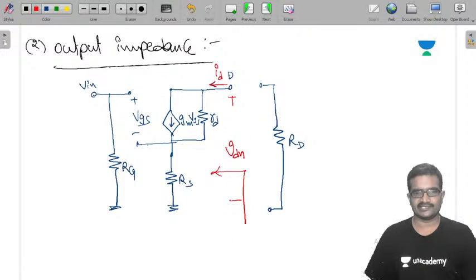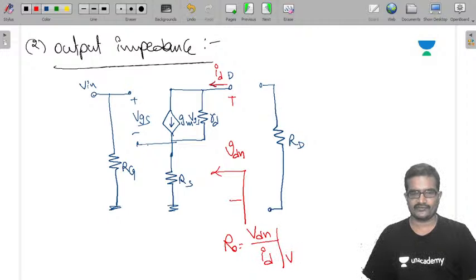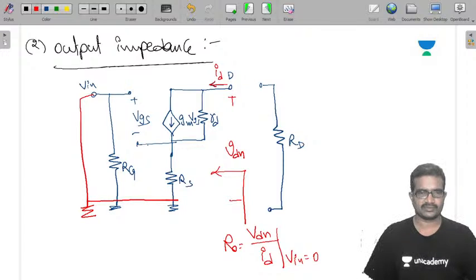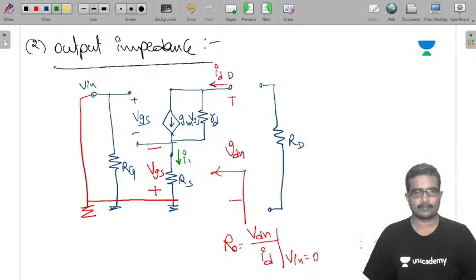Now output impedance is written as VDN, the voltage between the output terminals, by current ID, at the condition of V input equal to 0. V input 0 in this sense means it is connected to ground, simply ground. So once all are short circuited, it is grounded, now it becomes VGS minus plus VGS, and the current through this one is ID. Under these conditions I want VDN by ID. Now I am writing VDN.